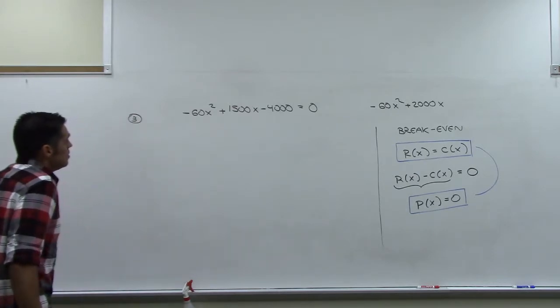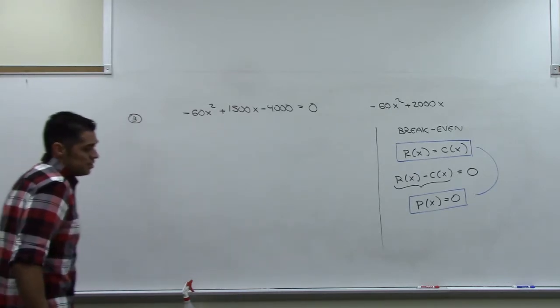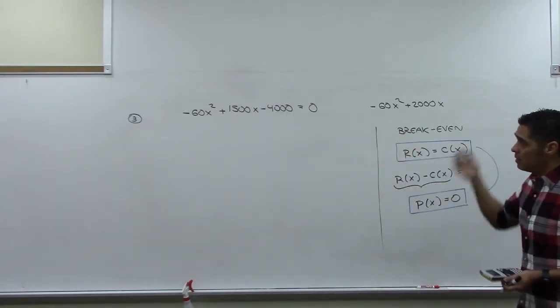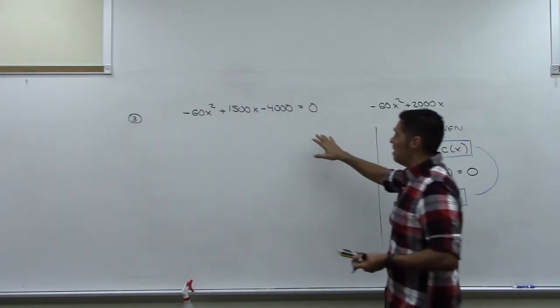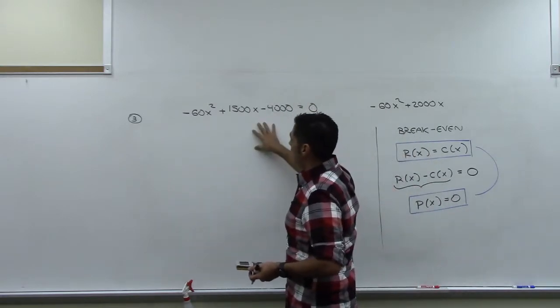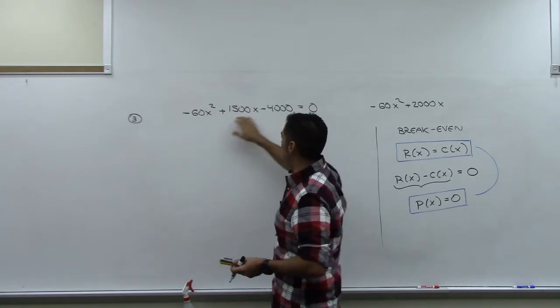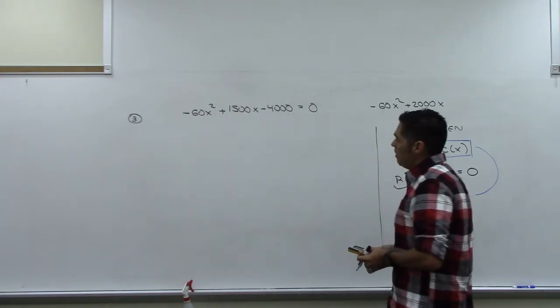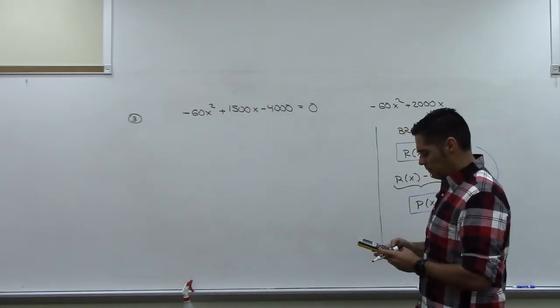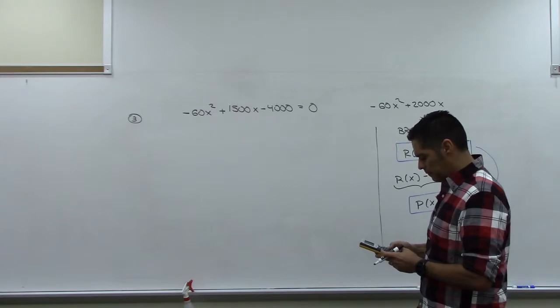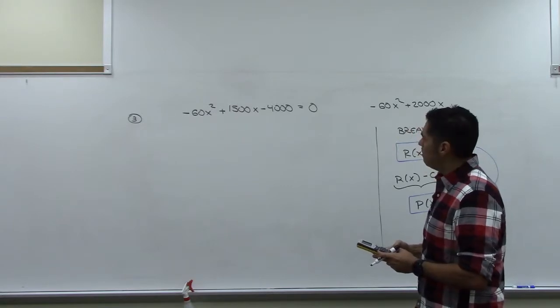So let me first try and find a GCF, because I could use a quadratic formula, which I'm probably going to use, I don't know yet. But even if I use a quadratic formula, these numbers are really big, and I noticed that I can at least get 10 into each of these. So maybe 60 goes into each of those? No, okay. Maybe 20 goes into each of those? Yeah.